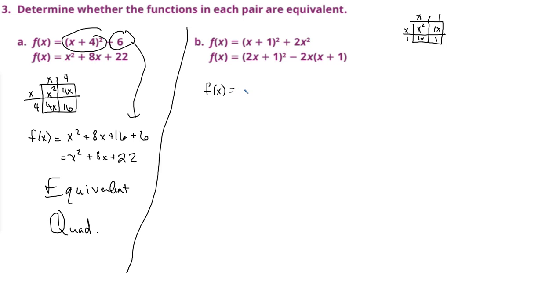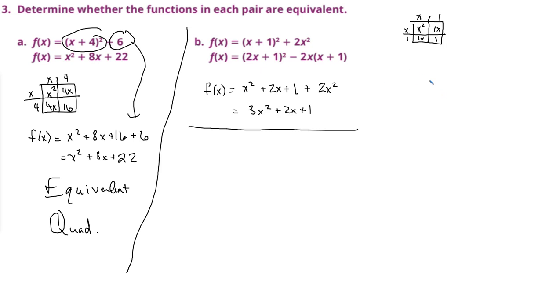And when I combine like terms, I get x squared plus 2x plus 1, plus 2x squared. And so when I combine like terms, I end up with 3x squared plus 2x plus 1. So I want to see, is that equivalent to this next one?